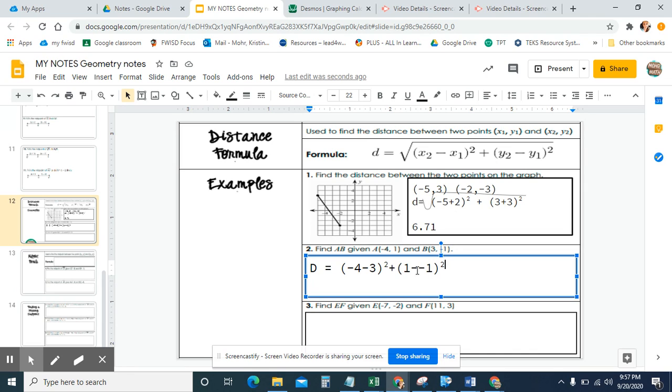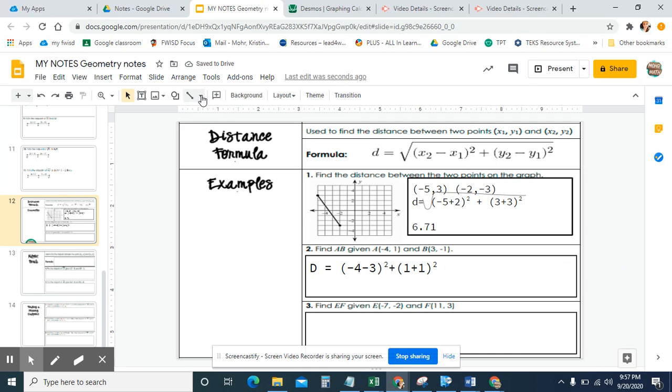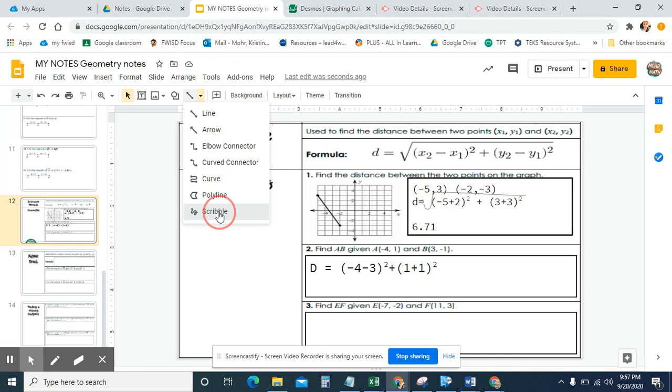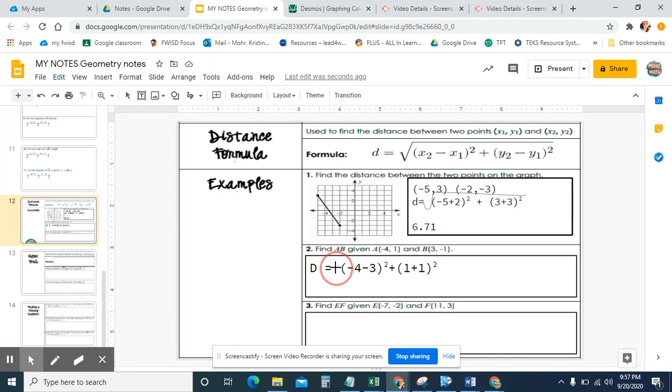So then, this minus a negative, remember the double negatives actually become plus. And then we are going to draw in our square root. And then all we do is put that into the calculator.